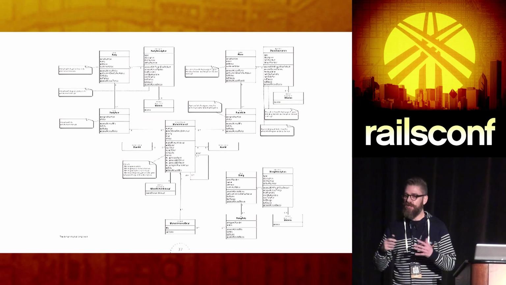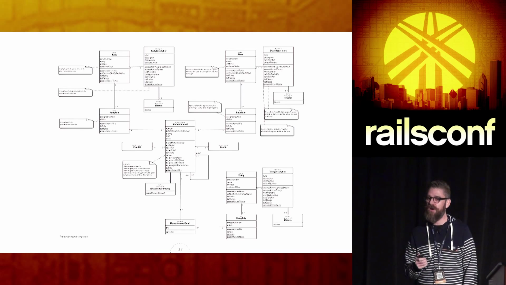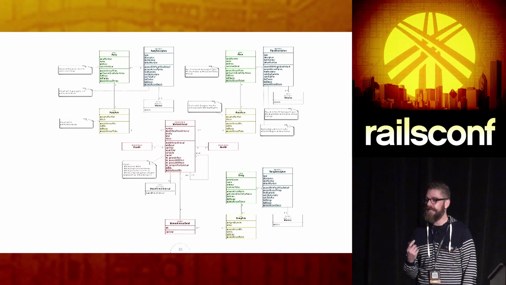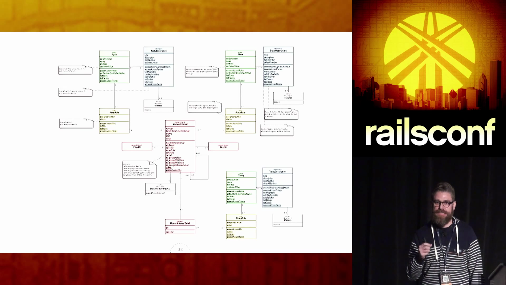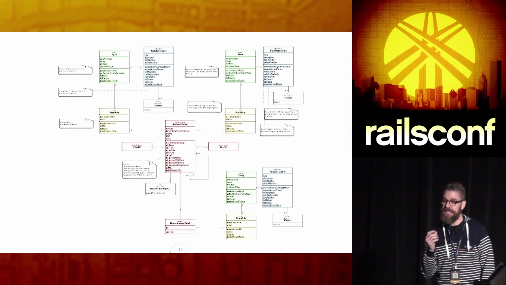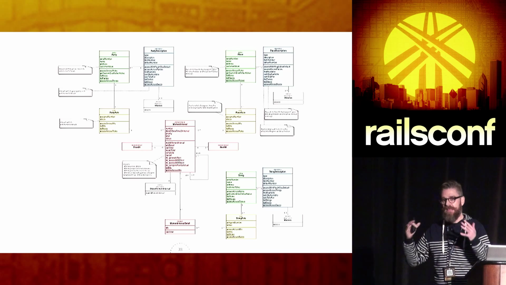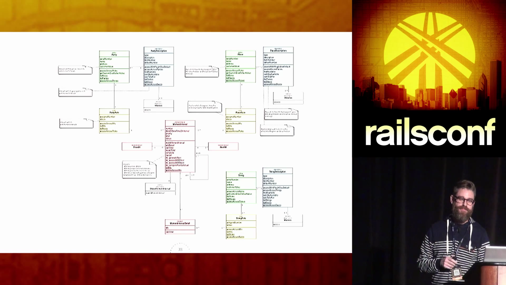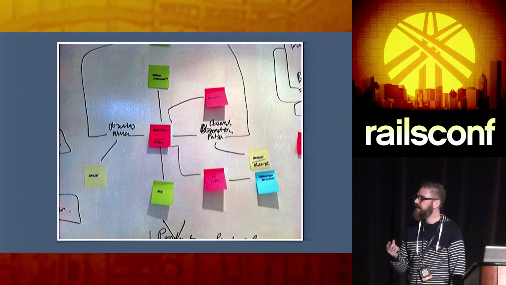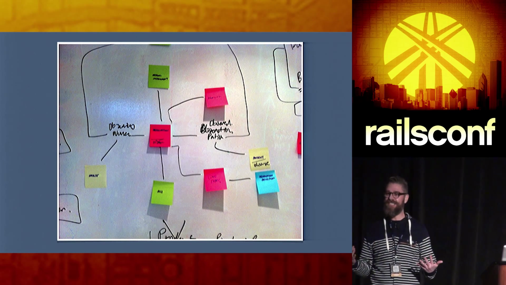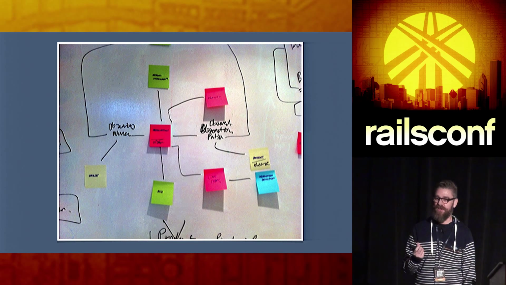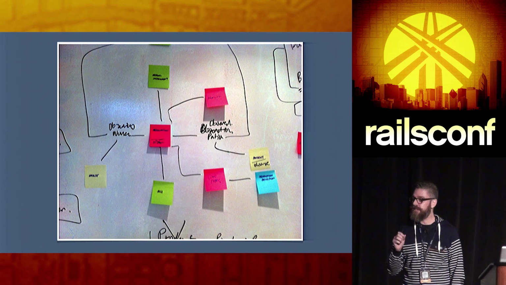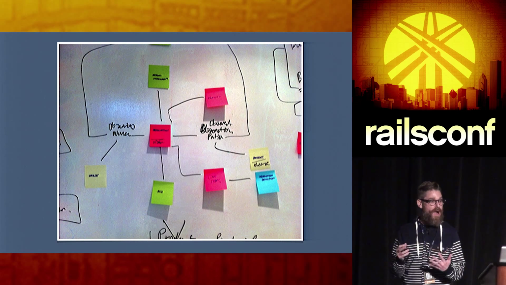So we can take a visualization of this in terms of our domain model and add color to that, and you can immediately see this hotspot within your domain model. You can see the events, and you can see the other objects interacting with those events through the yellow roles. Now, more importantly, we have this awesome collaboration tool where we can use post-it notes that correspond to these colored archetypes and a whiteboard.